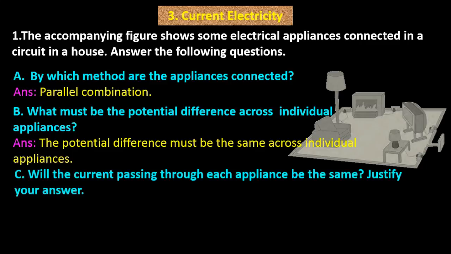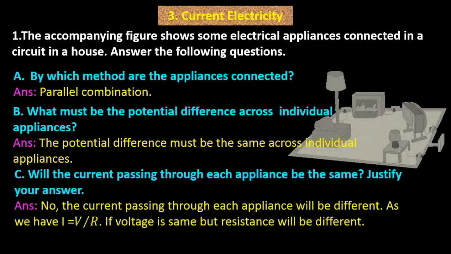C. Will the current passing through each appliance be the same? Justify your answer. Answer. No, the current passing through each appliance will be different as we have I = V/R. The voltage is the same but the resistance will be different.